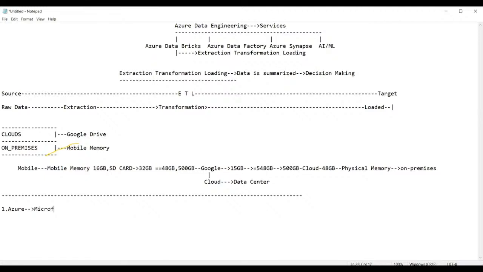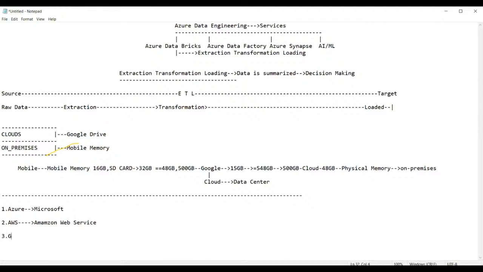Microsoft markets its cloud product under the name Azure. The next provider is Amazon, or AWS. AWS is from Amazon. It stands for Amazon Web Services.